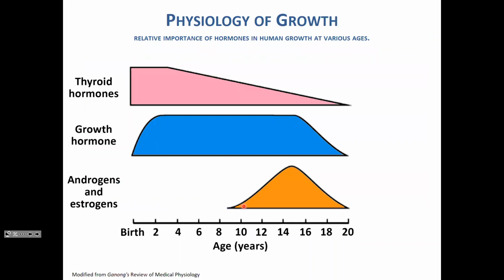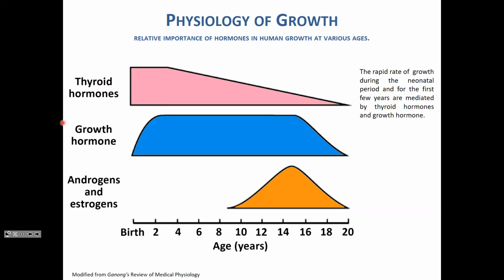In this particular cartoon, I'm showing you the different hormones responsible for the growth of an individual, and the size of each is relative to its importance. At early ages, before 2, both growth hormone and thyroid hormones are responsible for growth.